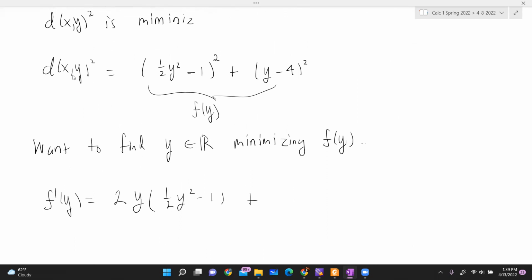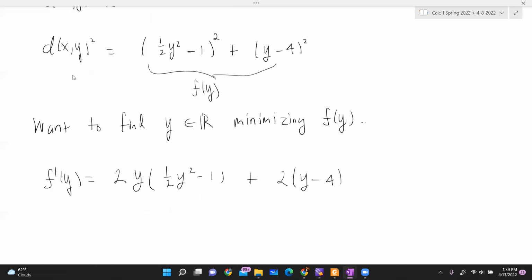Now for the second piece, the chain rule says you bring down the power and multiply by the derivative of the inside function, but the derivative of y minus 4 with respect to y is just 1. Then you multiply by the inside function, y minus 4, but you reduce the power by 1.